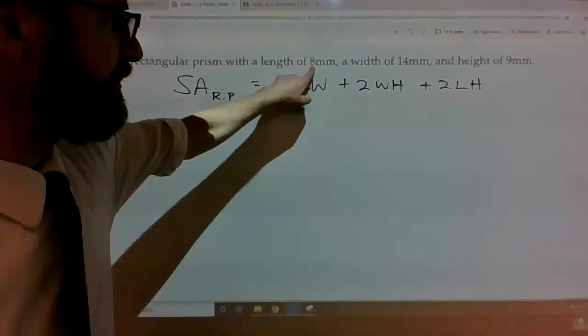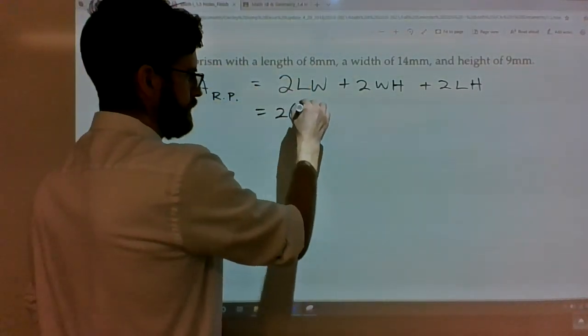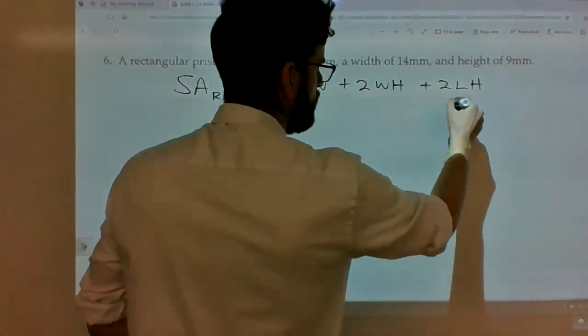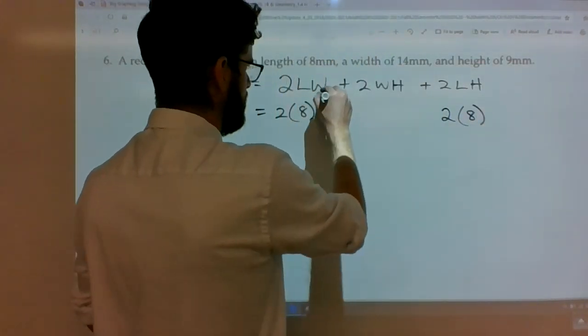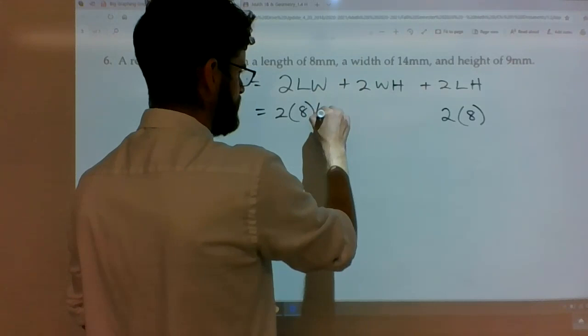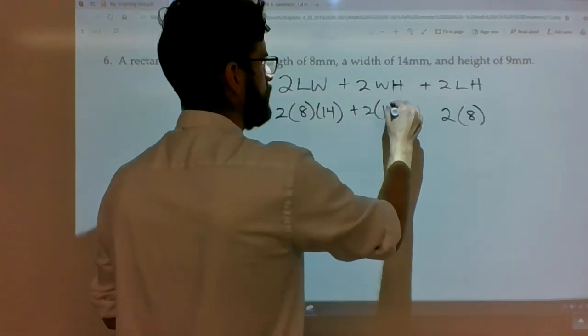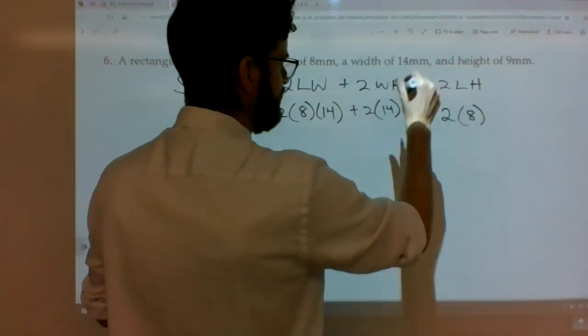They give us a length of 8 millimeters. They give us a width of 14 millimeters. And they give us a height of 9.